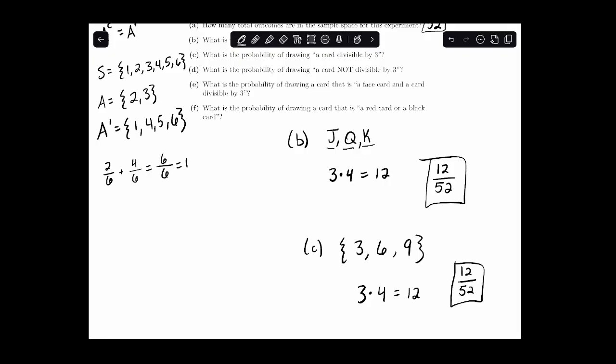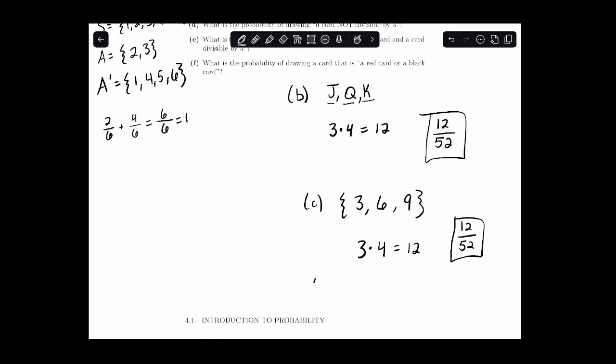The next part says, what's the probability of drawing a card not divisible by 3? Well, I could write out in each suit which numbers are not divisible by 3 and try to figure this out that way, or I could use the complement rule. I know how many are divisible by 3, and I know the probability of getting something divisible by 3.